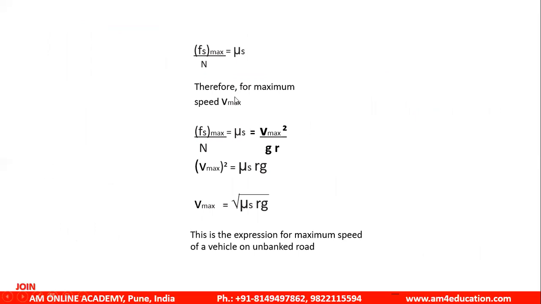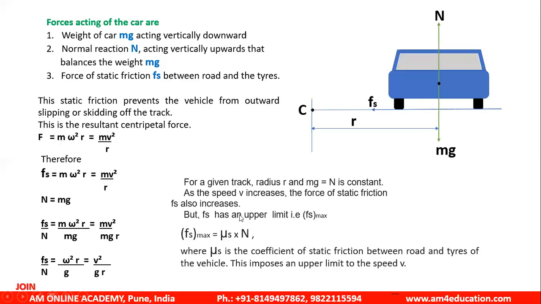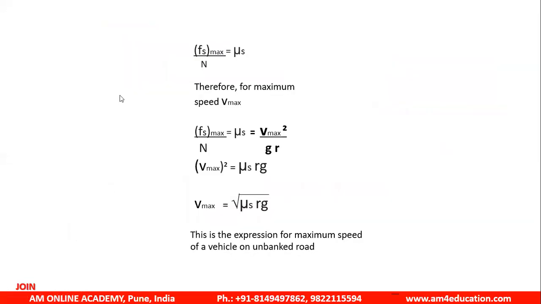So here this v will be v max, the maximum speed. So v max square upon rg is equal to mu s, which is equal to the maximum static force upon the normal reaction. So we get v max square equals mu s rg, or v max equals under root mu s rg.